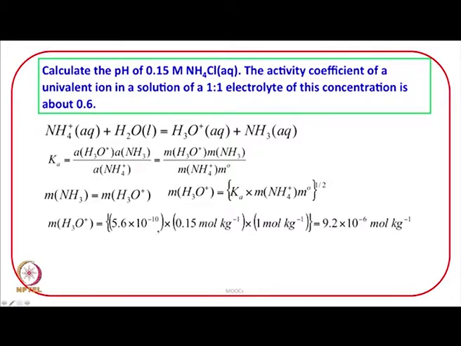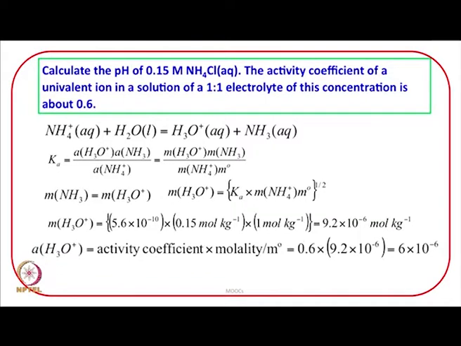Once we have the molality of hydronium ion, we can easily calculate the pH. First the molality of hydronium ion is evaluated from the knowledge of Ka and the molality of ammonium ion, and then m of H3O plus comes out to be 9.2 into 10 to the power minus 6 mole per kg.